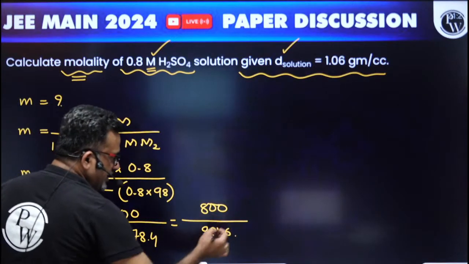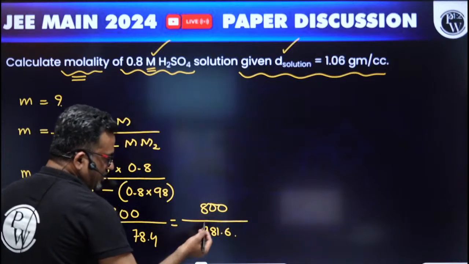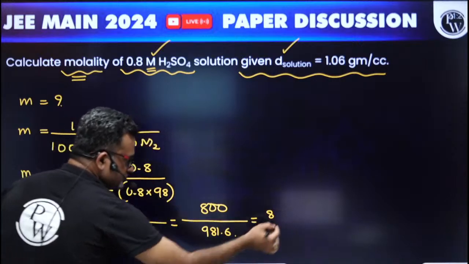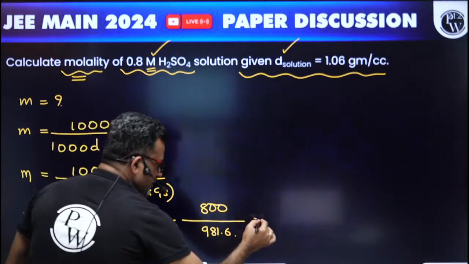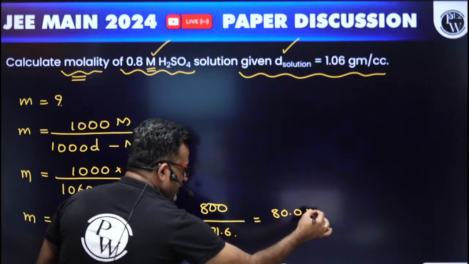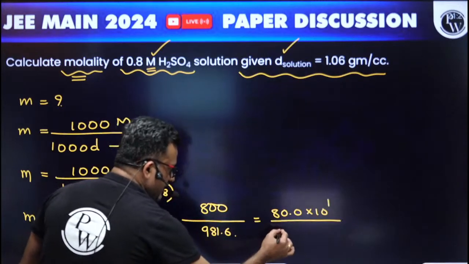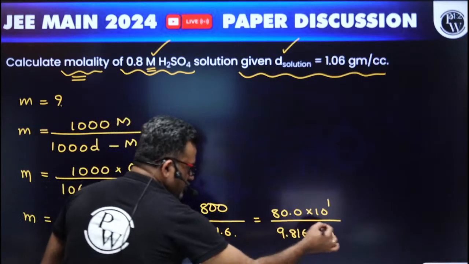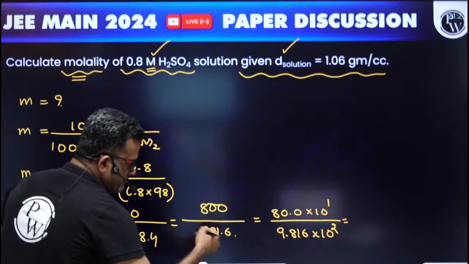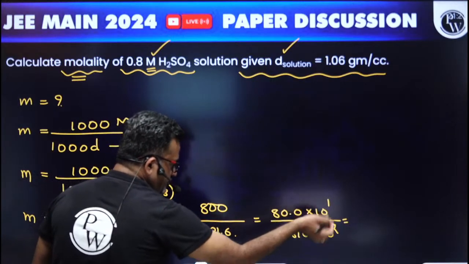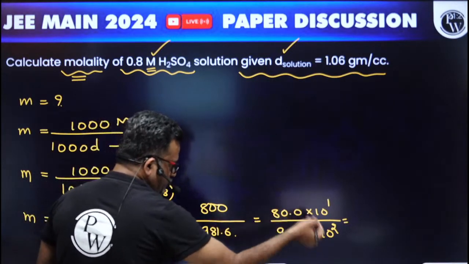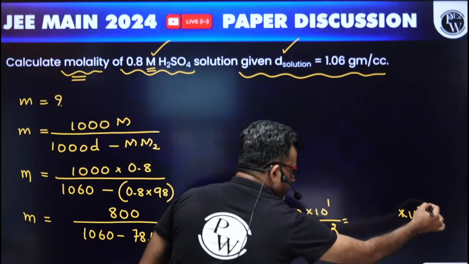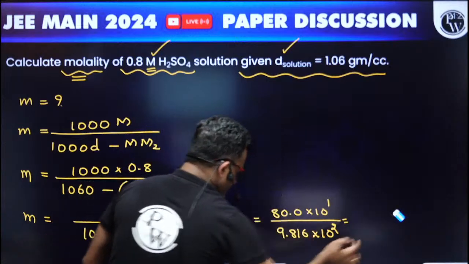So that should be definitely, I can go with 80.0 into 10 raised to 1, just simplifying it. I'll take it as 9.816 into 10 raised to 2. So 80 into 10 raised to 1, 9.8 into 10 raised to 2, take it up, 10 raised to minus 2 plus 1, 10 raised to minus 1.